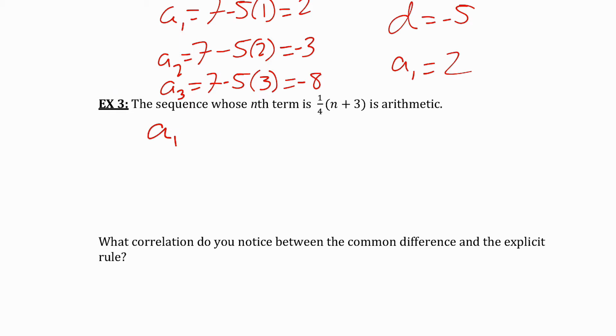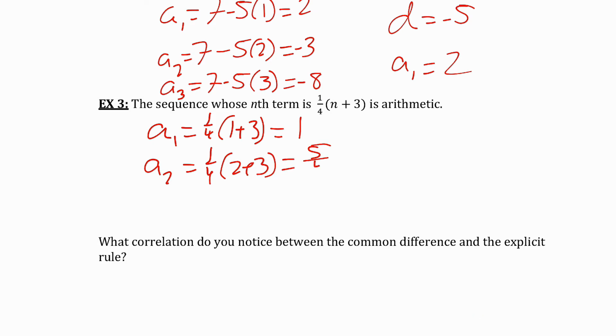Okay, a sub 1 equals 1/4 times 1 plus 3. Well, 1 plus 3 is 4. 1/4 of that just gives us 1. Next up, a sub 2 is 1/4 times 2 plus 3. Well, 2 plus 3 is 5. 1/4 times 5 is 5 over 4.